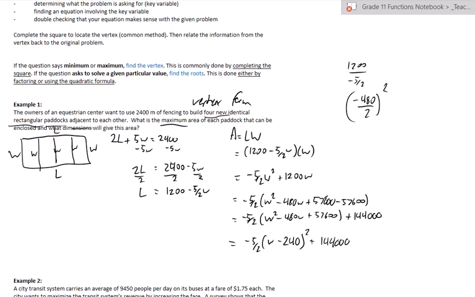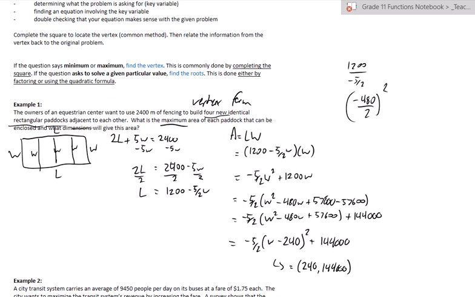So we completed the square. We now have our vertex form, which we can immediately see that our vertex is 240, 144,000.